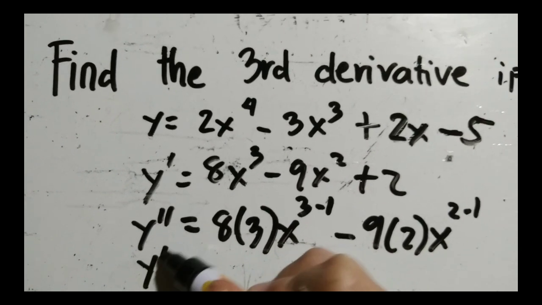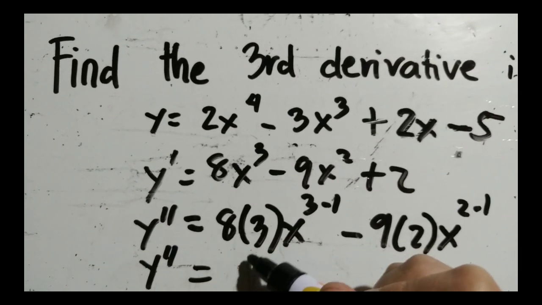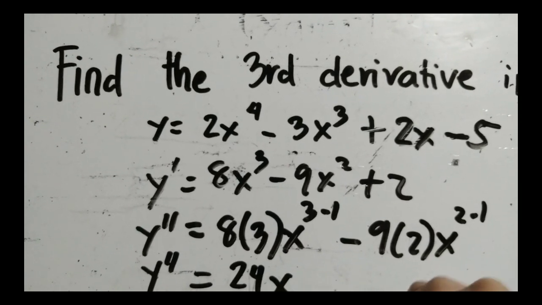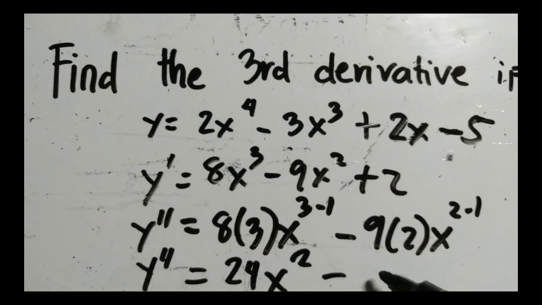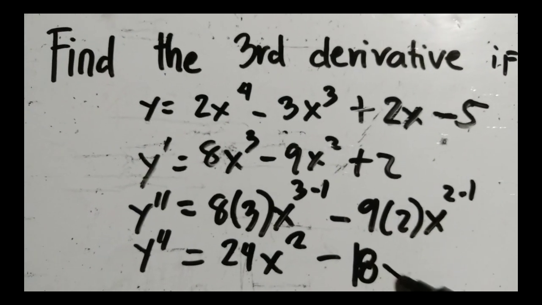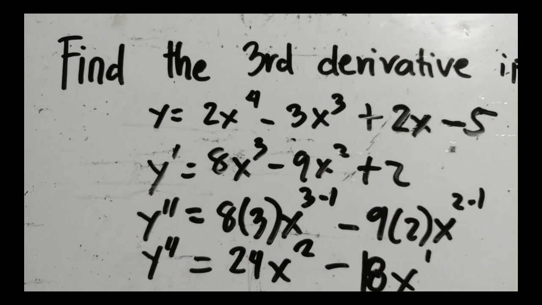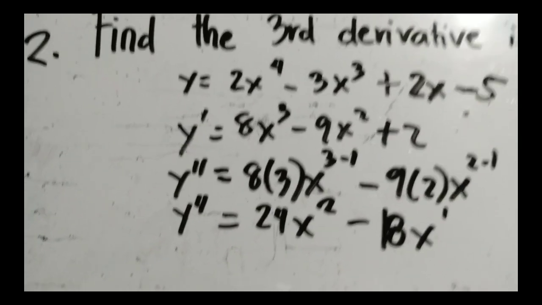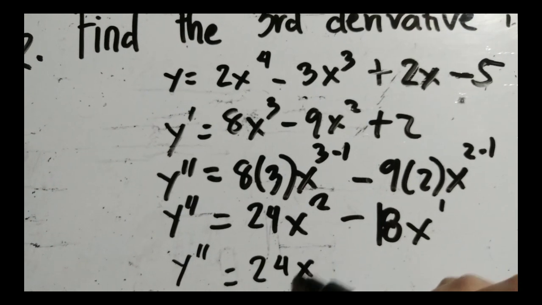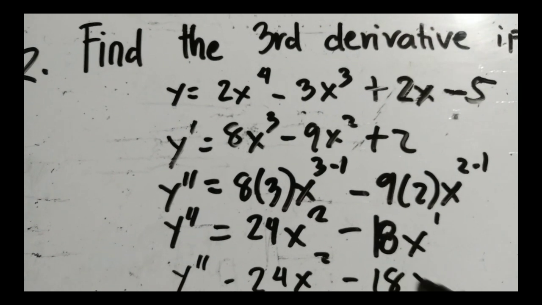So the second derivative equals 8 times 3, that would be 24, x squared, minus 18x. So our second derivative is 24x squared minus 18x.